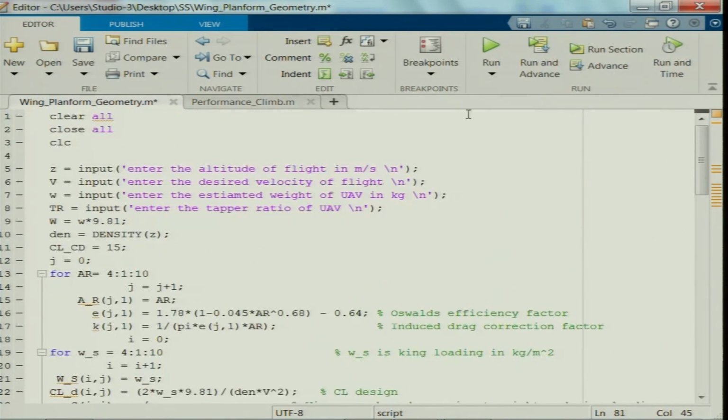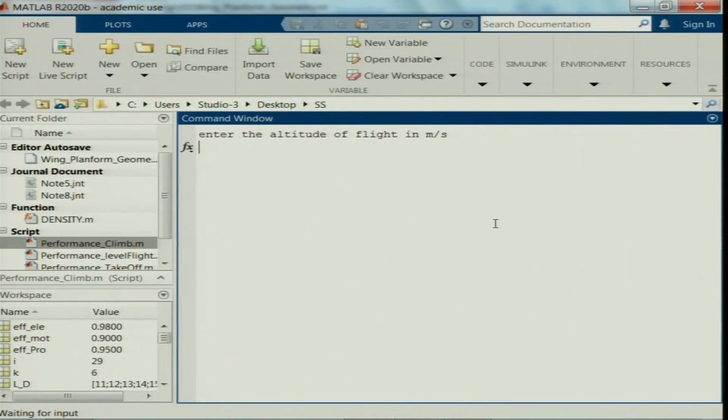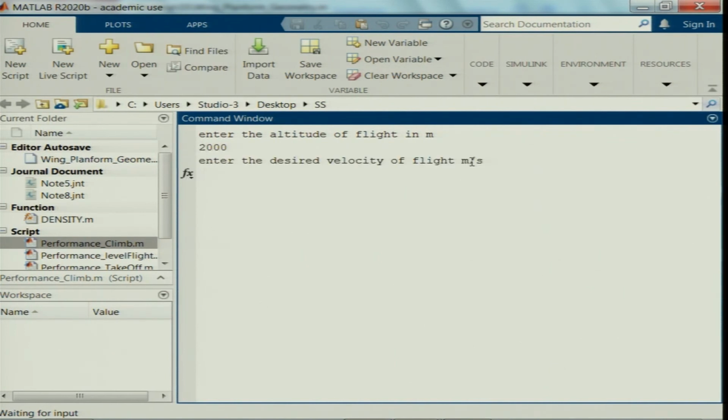Let us try to see if we can run this code. So, what is the altitude of flight? It is in meters, say 2000 meters. 30 meters per second, and weight of the UAV is 8.1 kg, taper ratio is 0.4.